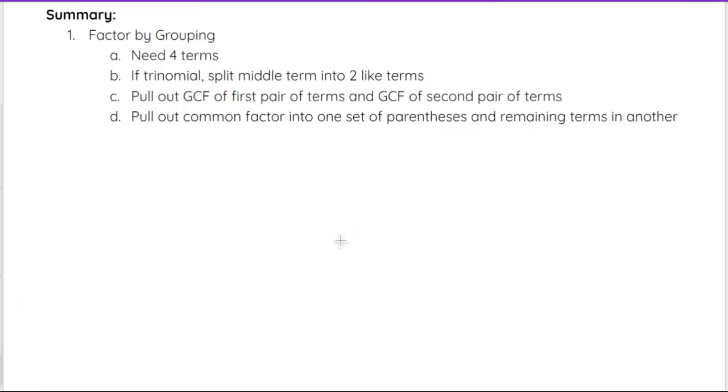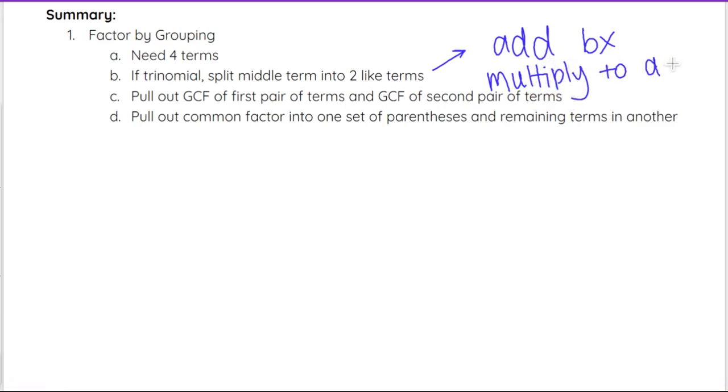So for factor by grouping, you do need 4 terms. If it's a trinomial, remember we split that middle term, and we do that by figuring out how we get it to add to the bx, which is the middle term, and it needs to multiply to ax squared times c, or a times c. That's how you figure out how to split that middle term.